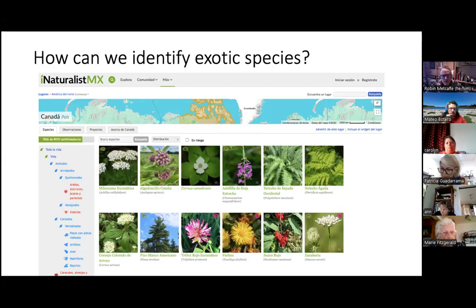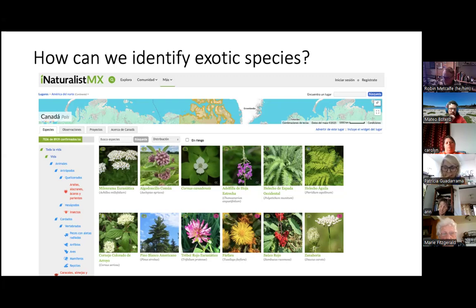If you see a different species, it's important to review it. You can take pictures and upload them to the platform. I recommend iNaturalist because a lot of experts can identify the species.